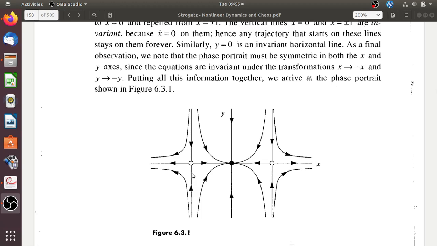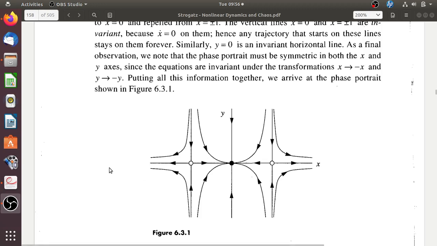Then once we have this picture, let's say I don't know these curves, only the remaining things are there.